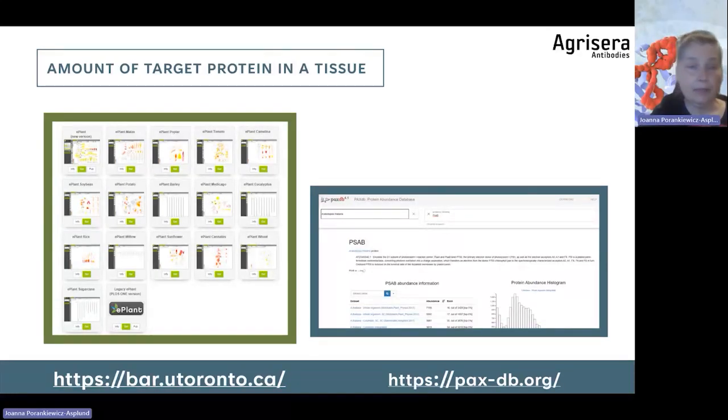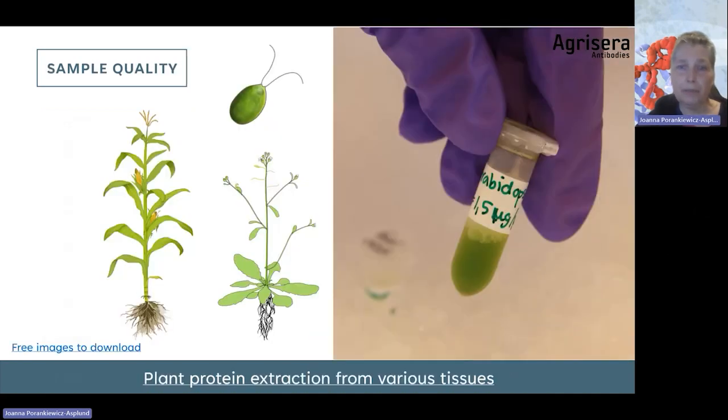Sometimes you may need to analyze senescent leaves, sometimes a very root tip. I mean, this is very important when planning your Western blot. Which tissue are you going to process?